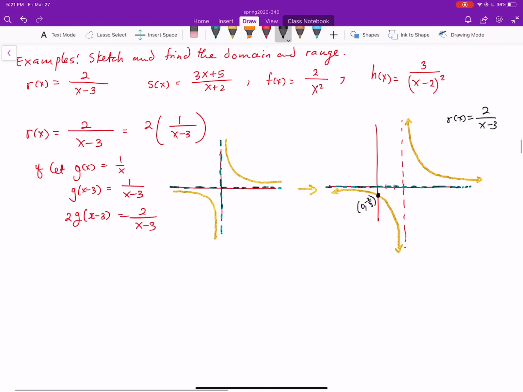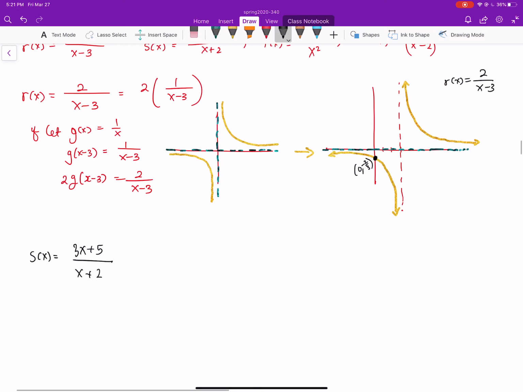Now let's look at the next example. The next example says s of x is equal to 3x plus 5 over x plus 2. Just as we did in last class's assignment on the other video, this is a transformation from 1 over x, and I'm going to try long division to clean up this expression so I can see the transformation of 1 over x.